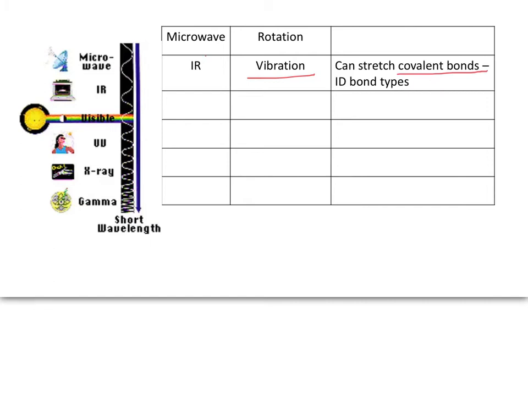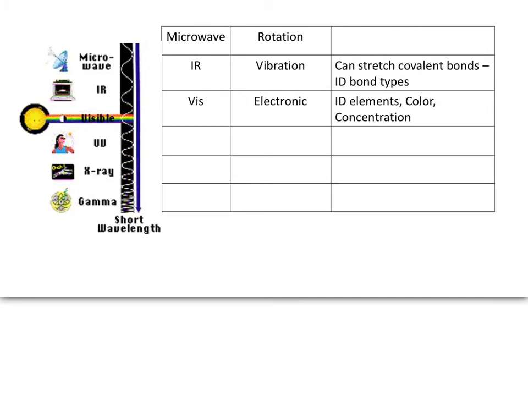So you do need to know that IR spectroscopy allows us to identify or distinguish different bond types. That's actually in one of the learning objectives for the curriculum this year, so you need to know that.